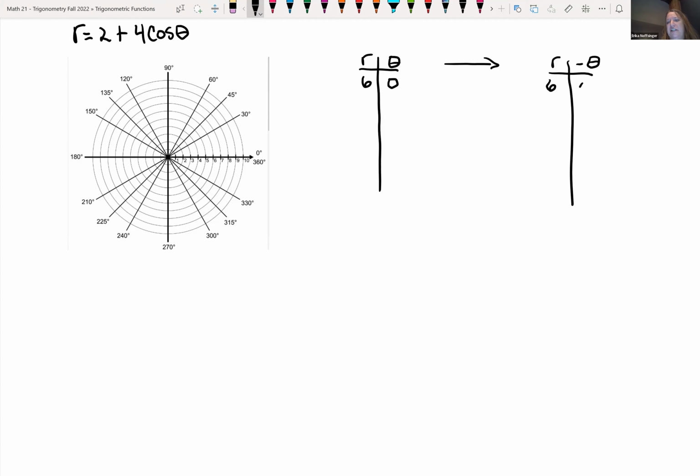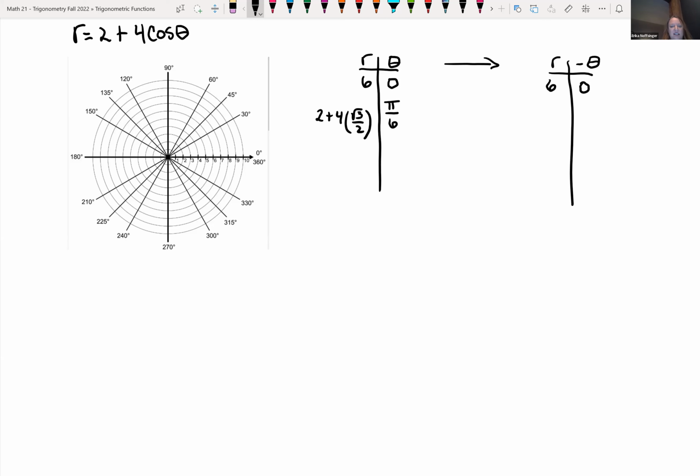Well, that doesn't really change anything here, so 6, 0. If I look at 30 degrees, which is the same thing as pi/6, well, I know cosine of 30 degrees is root 3 over 2. So I'm going to have here 2 plus 4 times root 3 over 2.